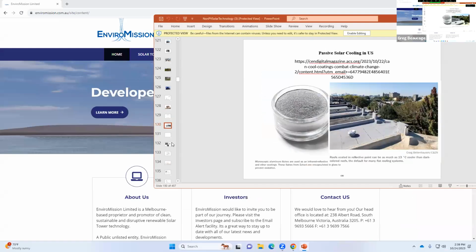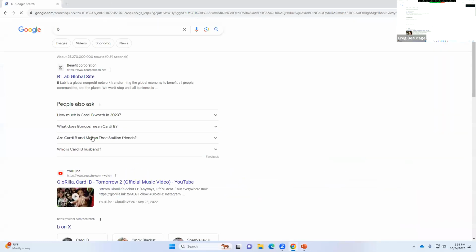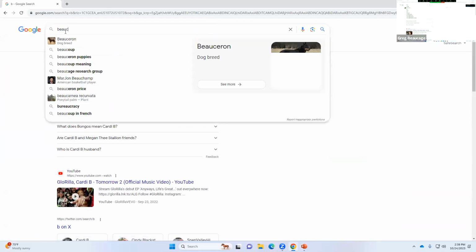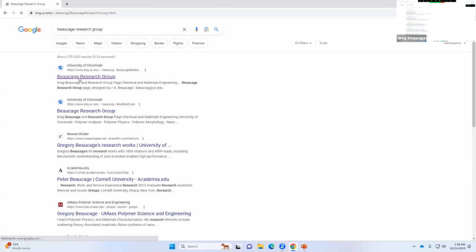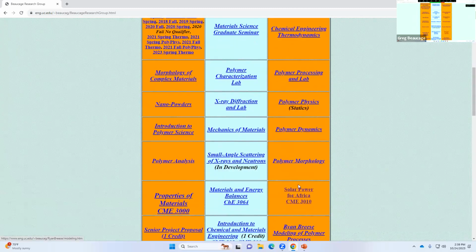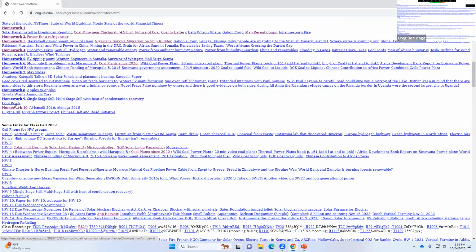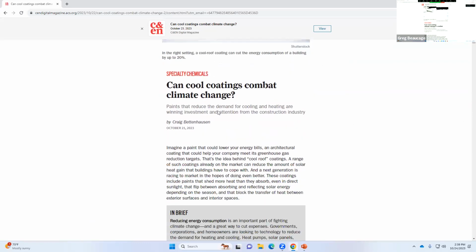I can figure out how to do this. Put that up. It's an article from Convention News about how painting the roof white can cut the heat.